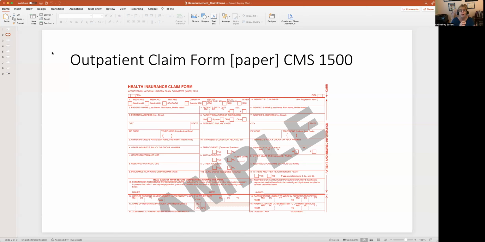So if you misspell the patient's last name, for example, the last name is Colson, and it is mistakenly put in as Colsen, every document with that spelling will come back rejected, because the computer at the third-party payer will say that policy number does not belong to someone whose last name is Colsen.